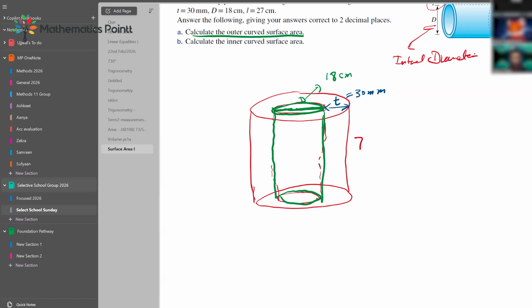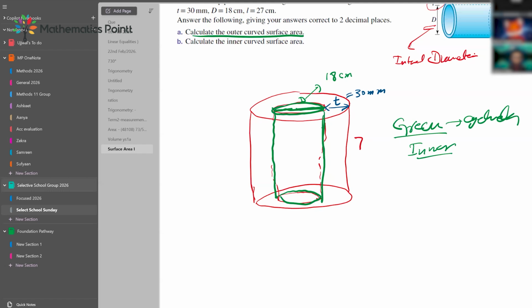Yes, the green one is a cylinder, right? Whosoever has not understood, you need to follow step by step what I'm doing. So you have to say yes or no. Green is a cylinder, the inner cylinder.